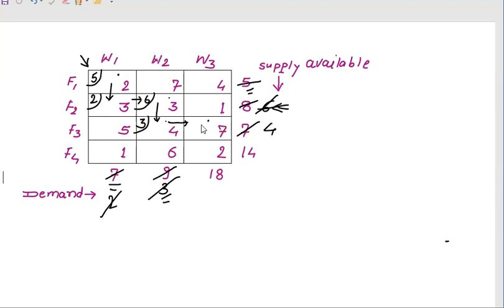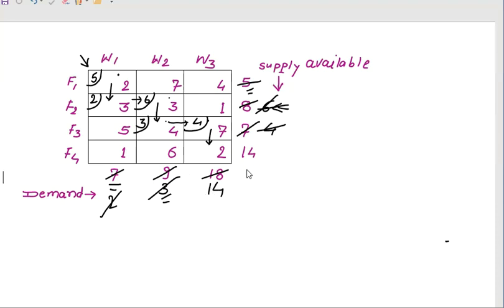So allocate maximum possible quantity in this cell. Maximum we can allocate 4 units because 4 units are available. So out of 18, 4 units are transported. Still there is a requirement of 14 units. Now no supply left. Whenever no supply is left, we move to the down cell. That is, we go to the next factory.